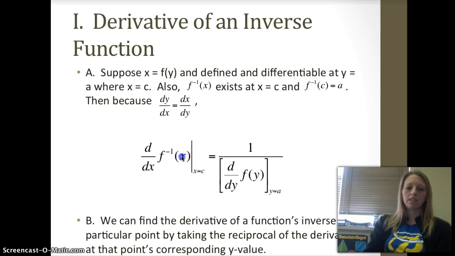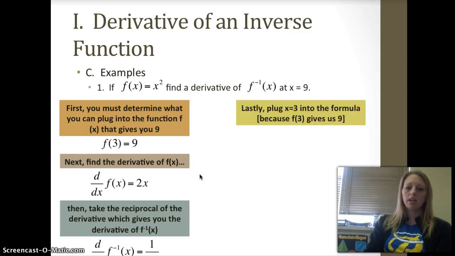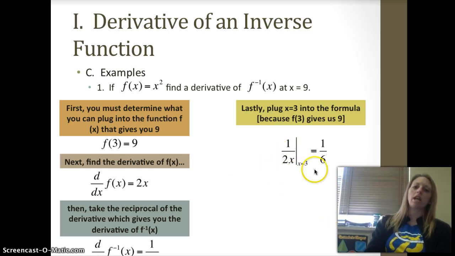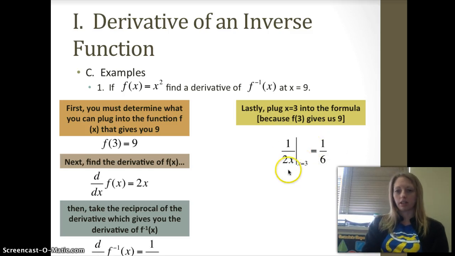So we found this, and it's 1 over 2x. We have to plug it in at x equals c. So let's see. x is 3, our c is 3 in this point. So 1 over 2x, which is the derivative of the inverse function at x equals 3, gives us 1 over 6. So that is our answer.